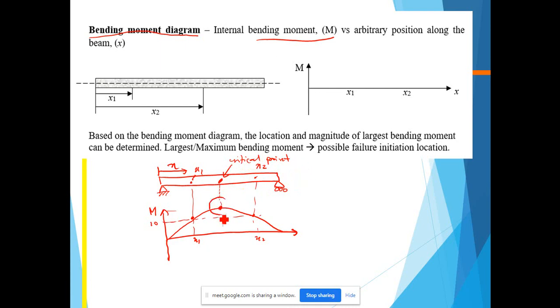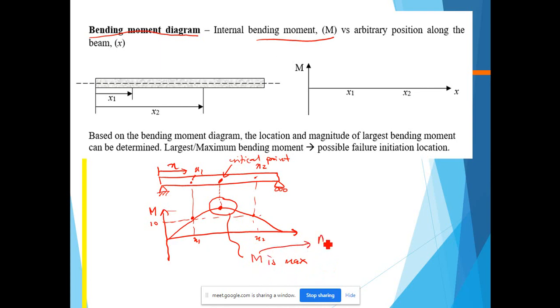Normally we are only interested to calculate the stress at the point where the M is maximum. Why are we interested in the point where M is maximum?